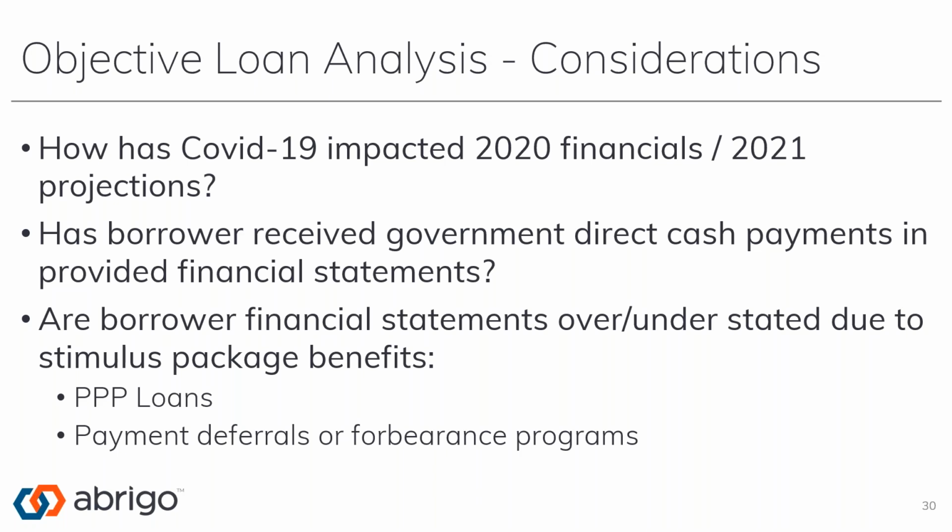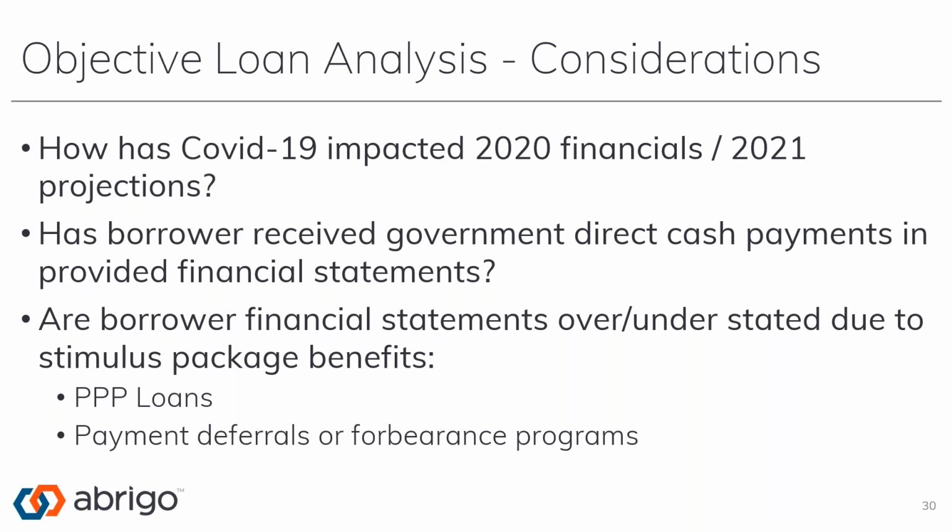So how has COVID-19 impacted the 2020 financials that you receive and the 2021 projections, right? Are they banking on additional stimulus money to make it? Maybe it's not required. Maybe they're in a growing business now because they were in delivery services and they're just booming.